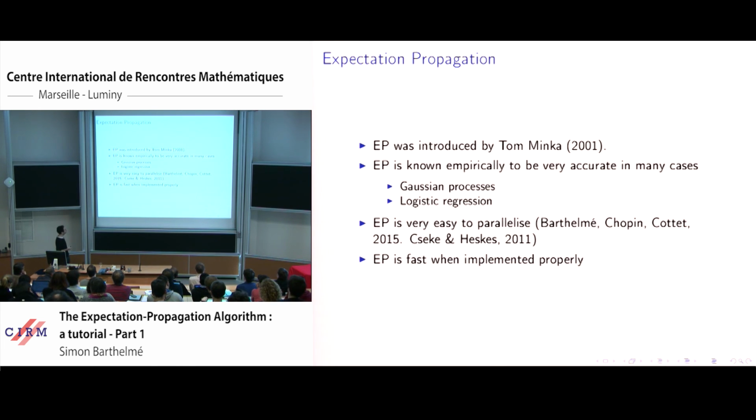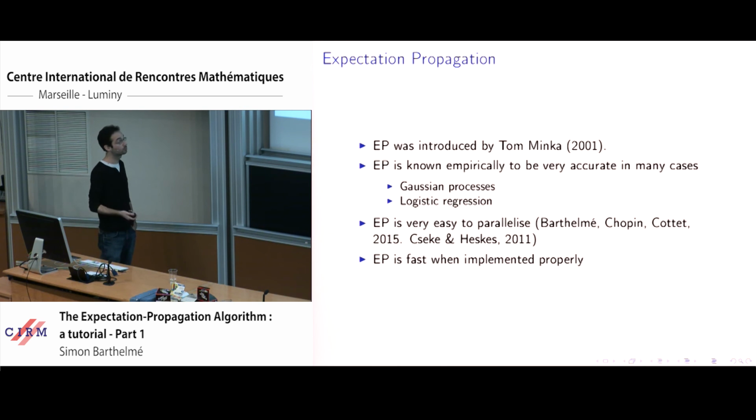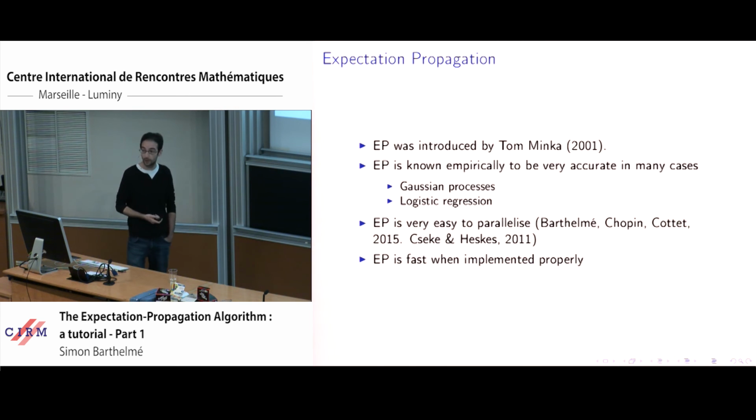For example, in Gaussian process-based models, like Gaussian process classification, it's almost exact. Logistic regression, almost exact. And one advantage of EP is that it's very easy to parallelize, and it's fast when implemented properly.